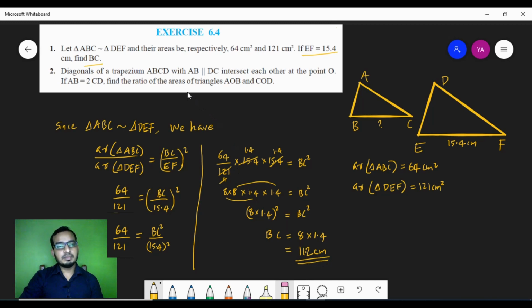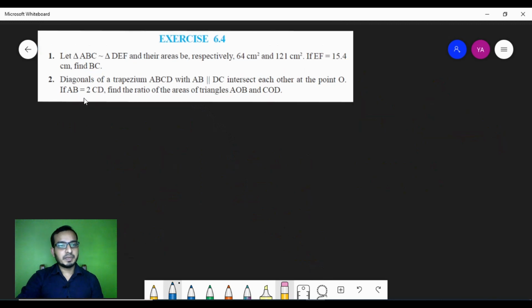Now we can discuss the second question. The question is like this: diagonals of a trapezium ABCD with AB parallel to DC intersect each other at the point O. If AB is equal to 2CD, find the ratio of the areas of triangles AOB and COD.